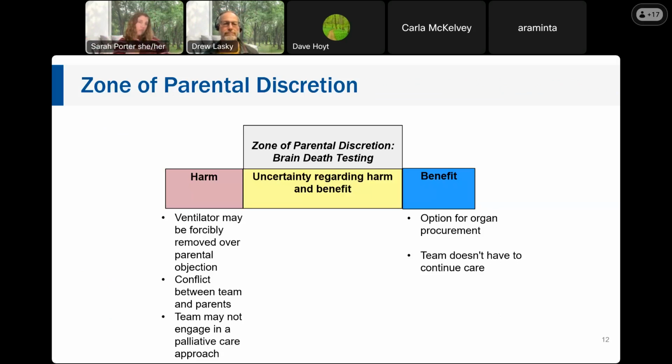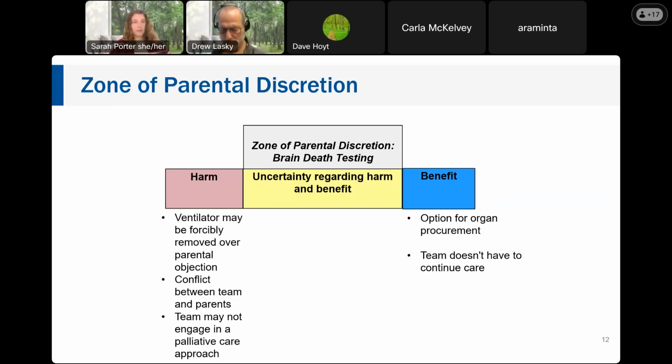So you have the option for organ procurement, which we know is a meaningful experience to many families. And we also know it's a meaningful experience for medical teams, right? We know that we have lots of ways in which we see this as the transition of tragedy into hope. And so that's a very real benefit.